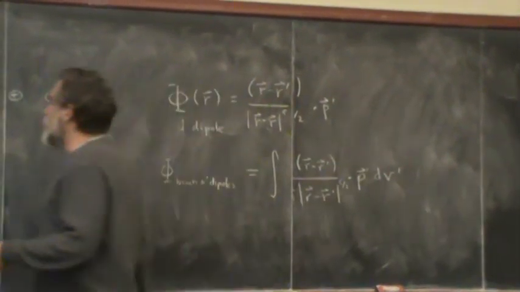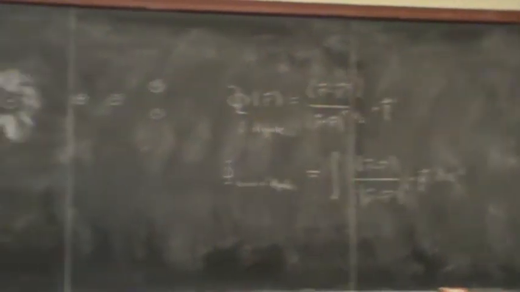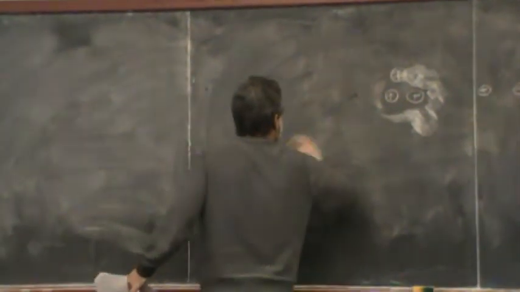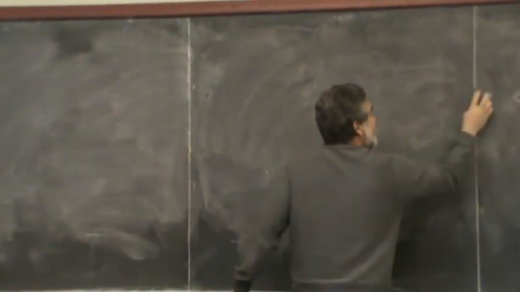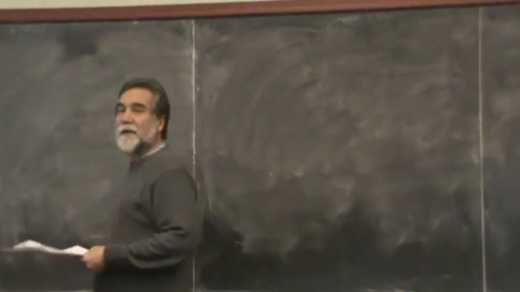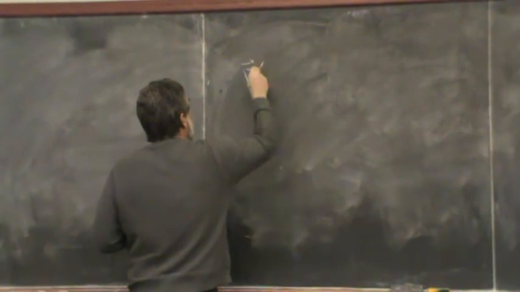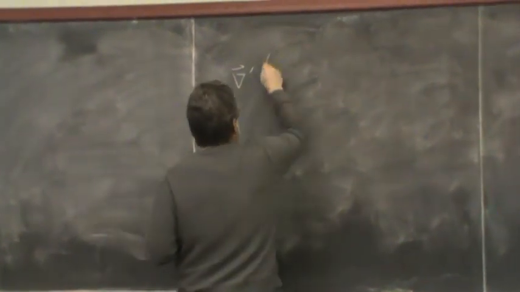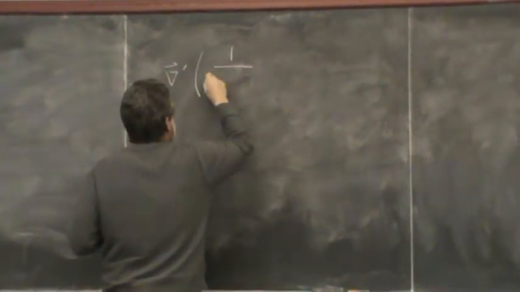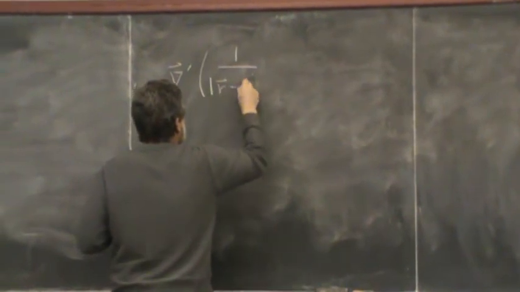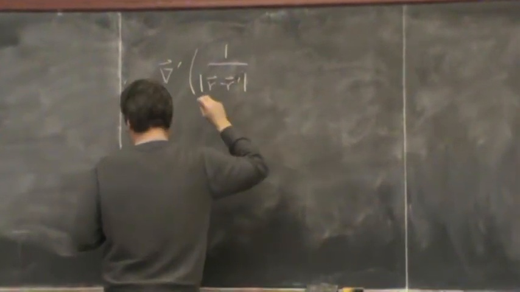So what I'm going to do next doesn't make sense until we do a few more steps. But I'm going to make an observation, which is the gradient of the quantity r minus r prime.